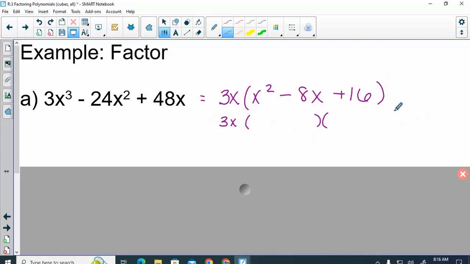Multiply to 16, add to negative 8. Or you could also write that as 3x times x minus 4 squared, either way.